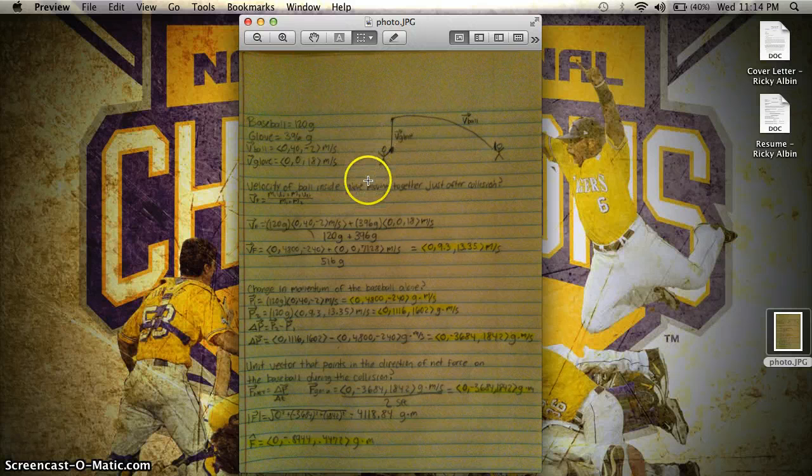So you can see that neither the ball nor the glove has any x value, because the ball is going straight out to center field and the glove is going straight up in the air. The ball is actually falling in a little bit, as you can see here. It's starting to arc, so I got -2.